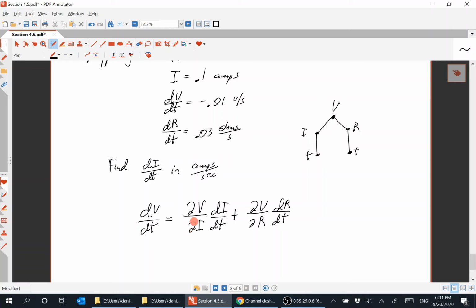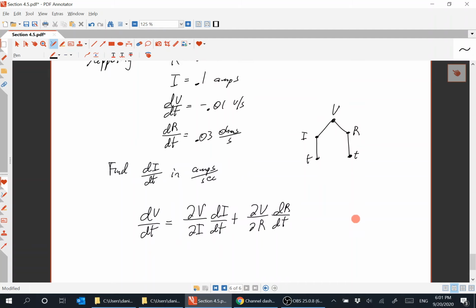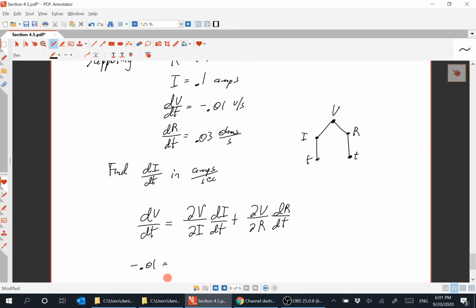You're using partial derivatives for V, because V is in terms of I and R, but I and R are just in terms of t itself, so that's the ordinary derivative. dV dt is minus 0.01.